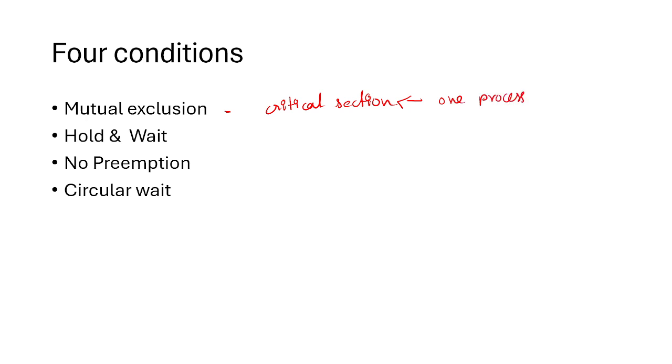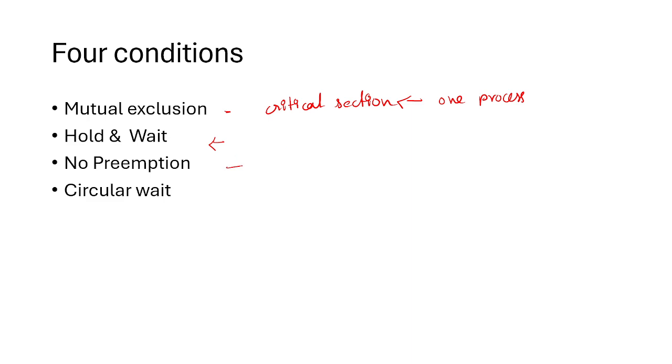The remaining processes need to wait. Next is hold and wait. One process is holding a resource, and another process is waiting for that particular resource which is held by the other process. That is called hold and wait.